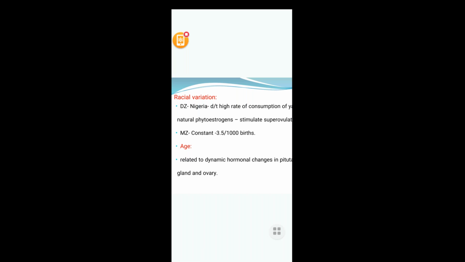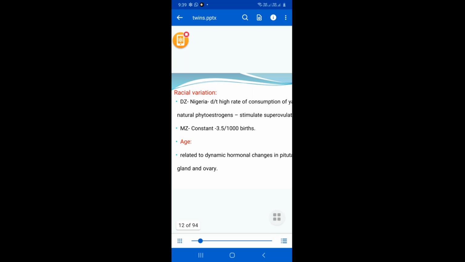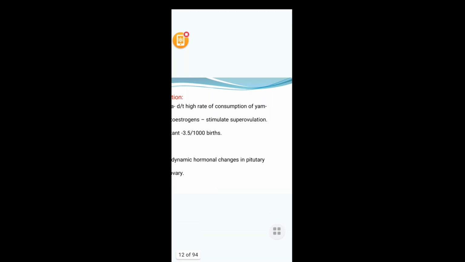Mostly they are monozygotic. Constant incidence of monozygosity is 3.5 per 1000 births. How age plays a role in twins: the higher the age, the dynamic hormonal changes in the pituitary gland and ovary result in twin pregnancies.